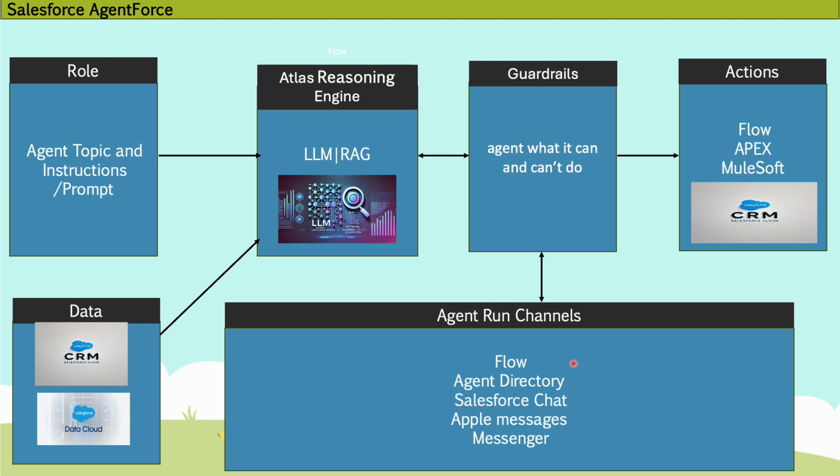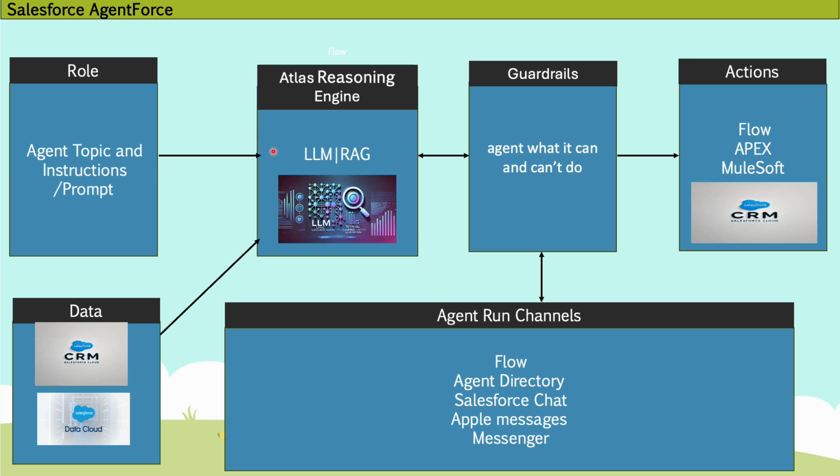We have to kickstart our conversation from one of these options. So let me start with Salesforce chat. If you want to book a doctor appointment, you can start your chat channel from here. It will go to your Atlas reasoning engine. And we have a pre-built template for booking and scheduling an appointment.